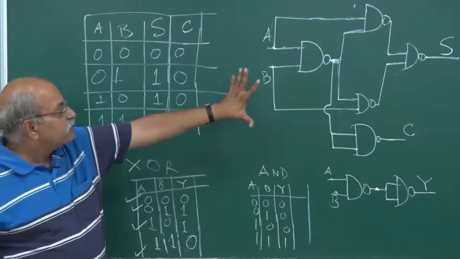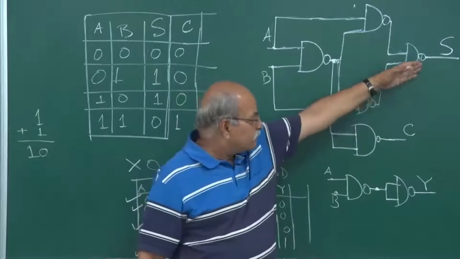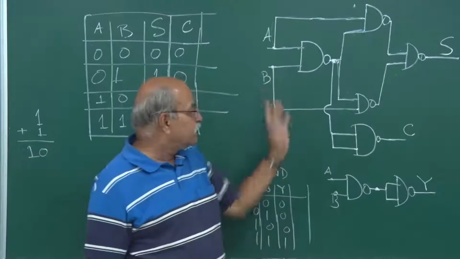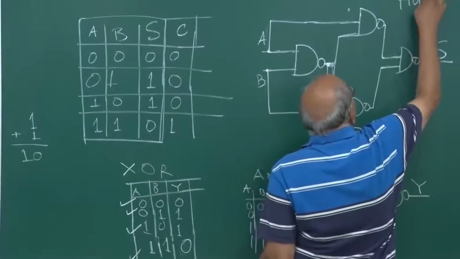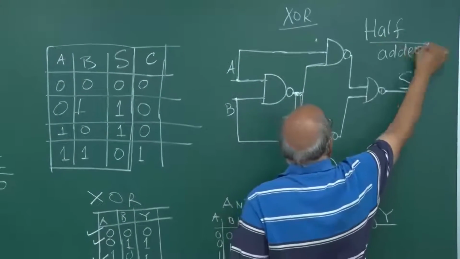So, this circuit will give me both S and C. From here I can get S, from here I can get C. Now, this circuit is known as half adder circuit. Half adder circuit.